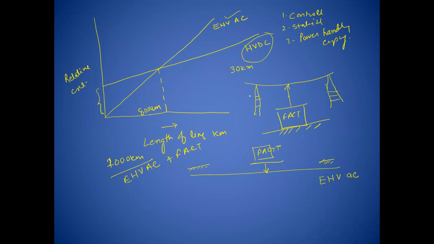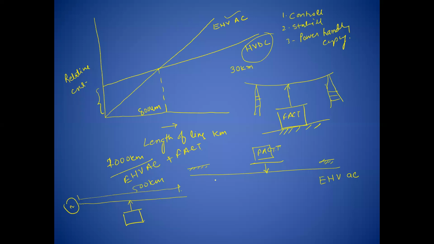But consider the distance between FACTS controllers. Say for example, this is the transmission network. We are using a FACTS controller at the center of the transmission line, so this length of the transmission line is 500 kilometers.